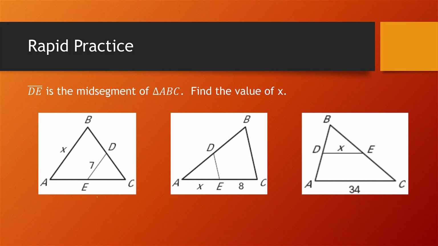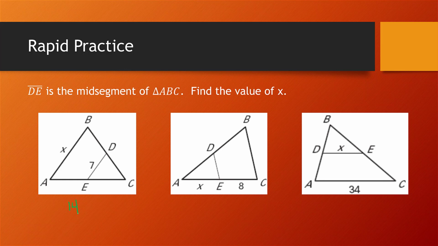In the first one on the left, DE has a length of 7. What's the length of AB? Remember, a midsegment is half the length of AB, or that side is twice the length of the midsegment. So if DE is 7, AB is 14, because 7 times 2 is 14.